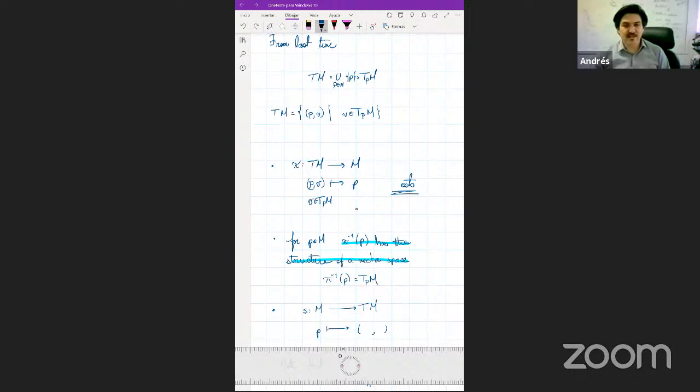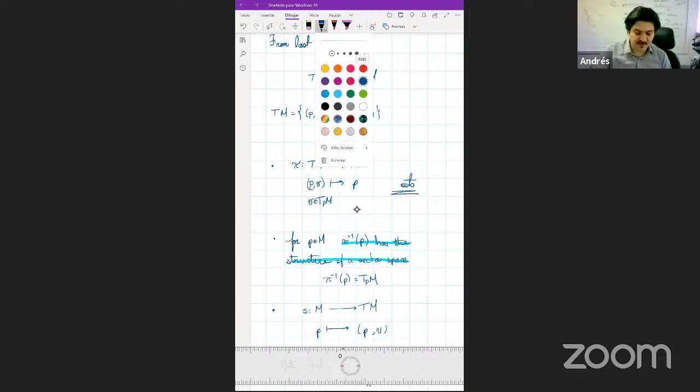In Euclidean space, you already saw vector fields. So in the language of the tangent bundle, a vector field is a very particular type of function from the manifold to the tangent bundle. So a function like this that goes to (P, V) is what we used to call a vector field.